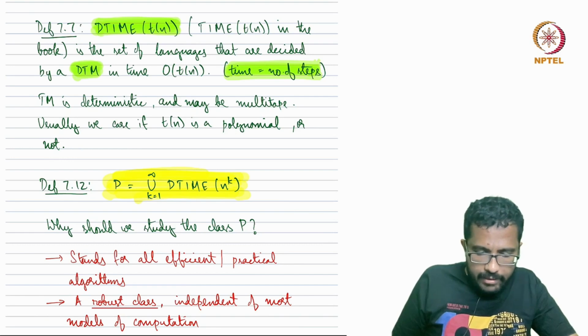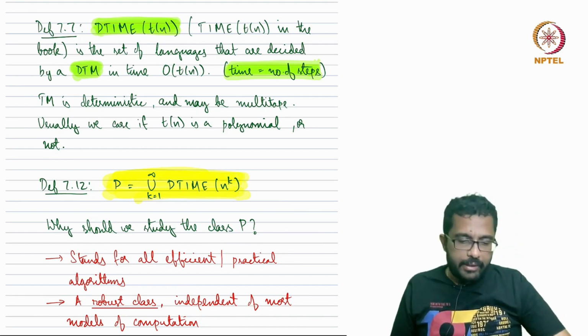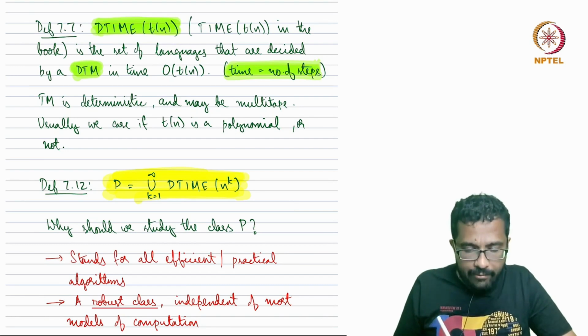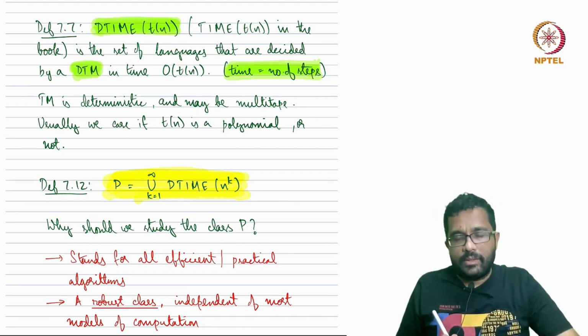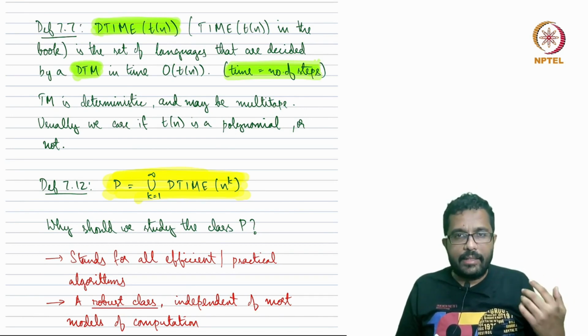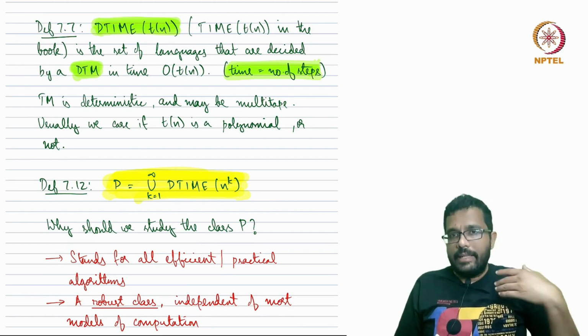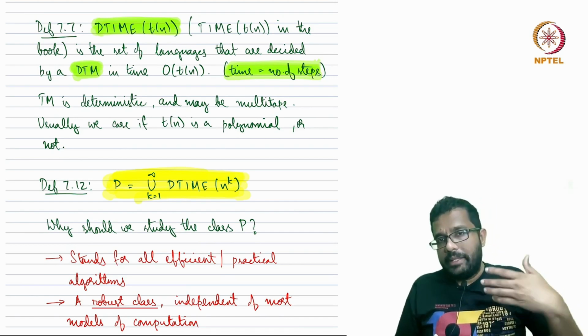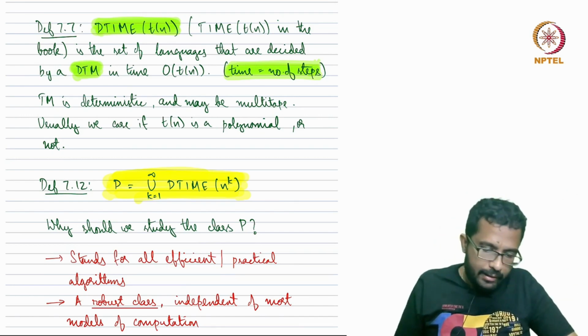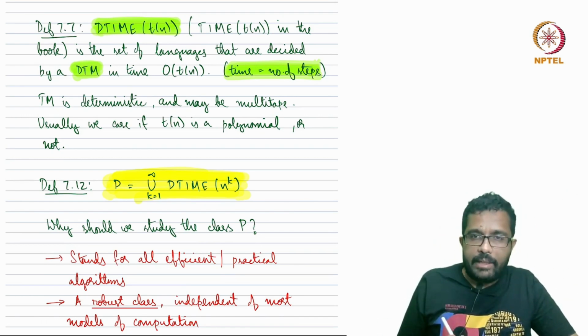The complexity class P is defined to be the union of DTIME(n^k), where k varies from 1 to infinity. So what are the class of problems or languages that can be decided in DTIME(n), DTIME(n squared), DTIME(n cubed), DTIME(n power 4) and so on. It's an infinite union that we gather together and call P.